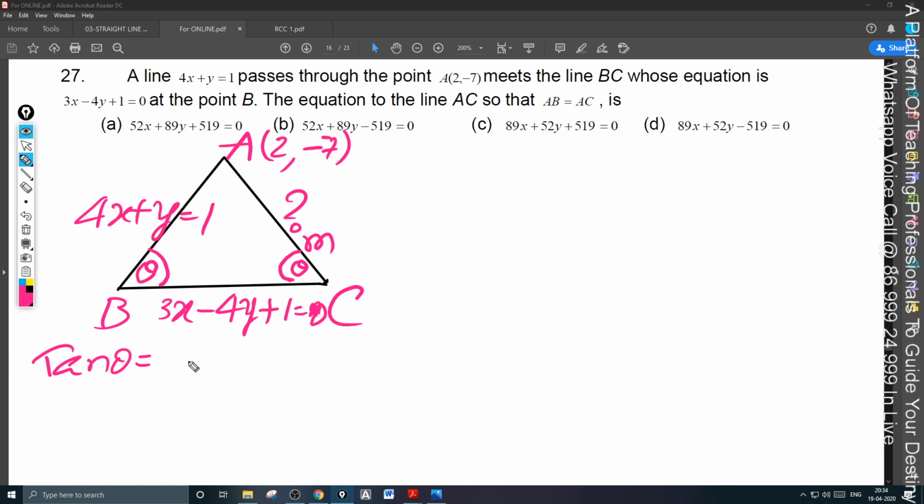Its slope is minus 4, minus m2, its slope is 3 by 4. 1 plus minus 4 into 3 by 4.